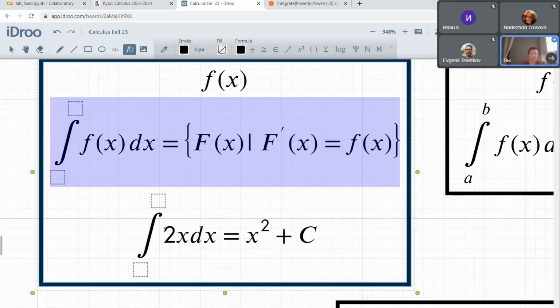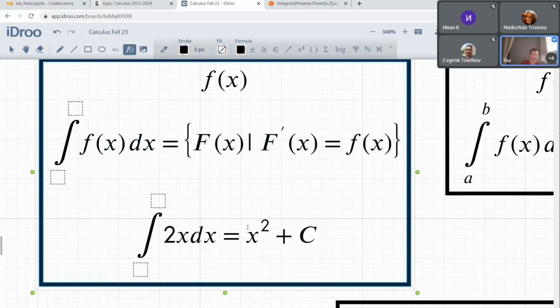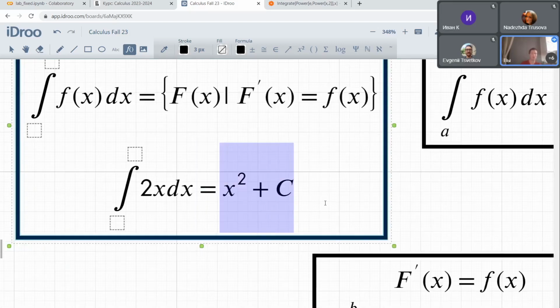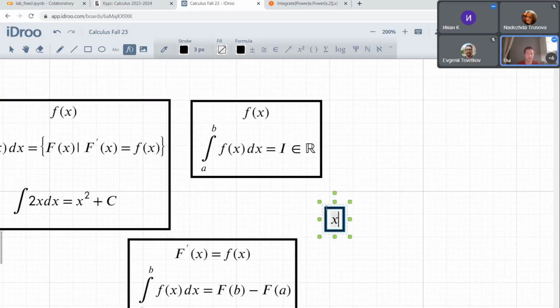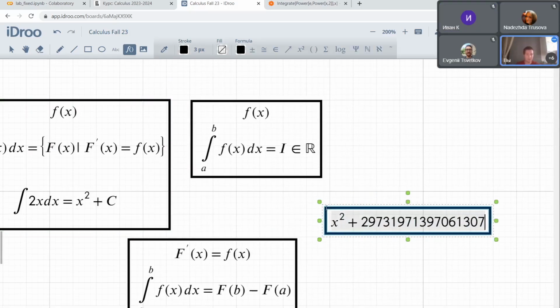So the indefinite integral of 2x is the set of all functions of this form, because every function of the form x squared plus const gives you 2x after differentiation. Because the constant c may be any. For example, you can take x squared plus this number.